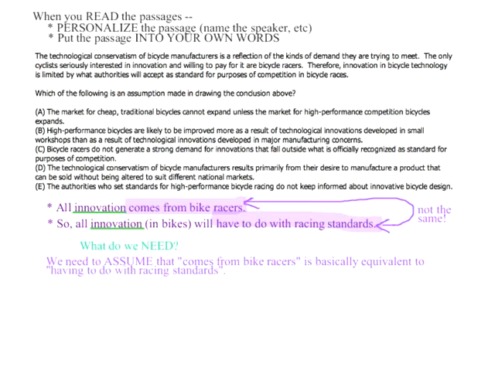You've got to connect those. So that's going to be C here. C states it in an indirect way, but bike racers do not generate a strong demand outside racing purposes. So this means that they only generate demand within the universe of racing standards.